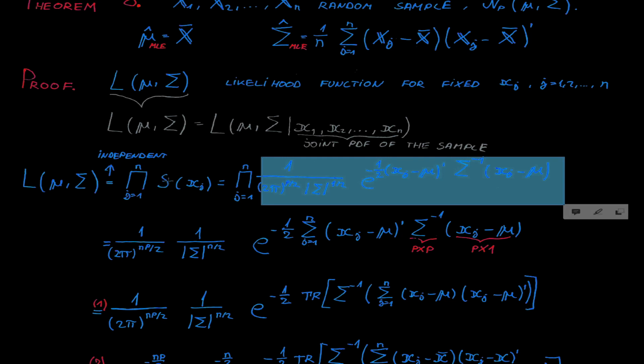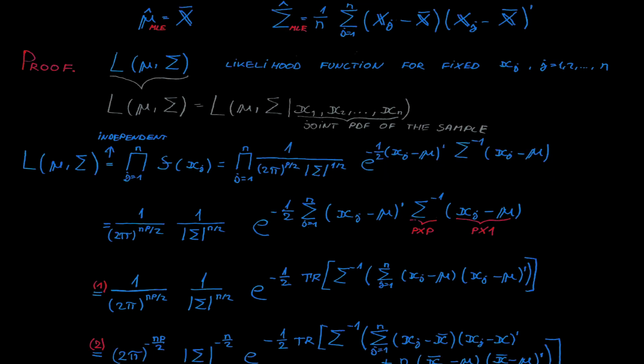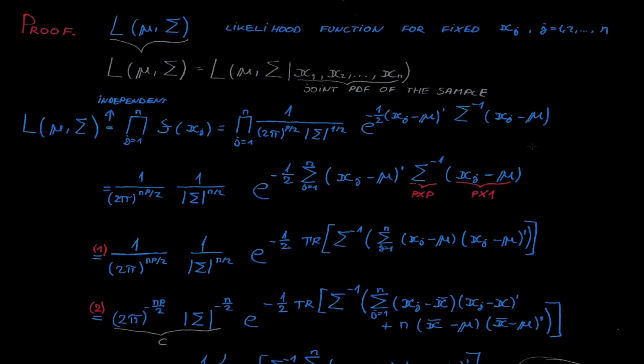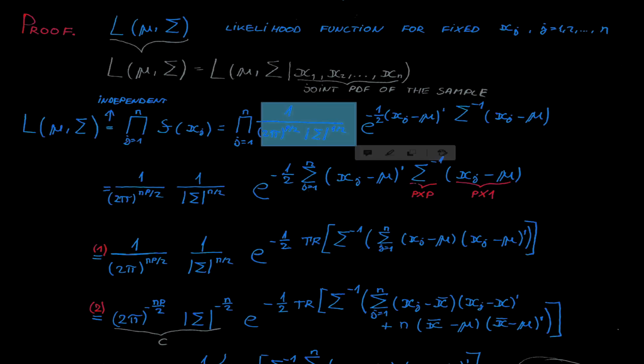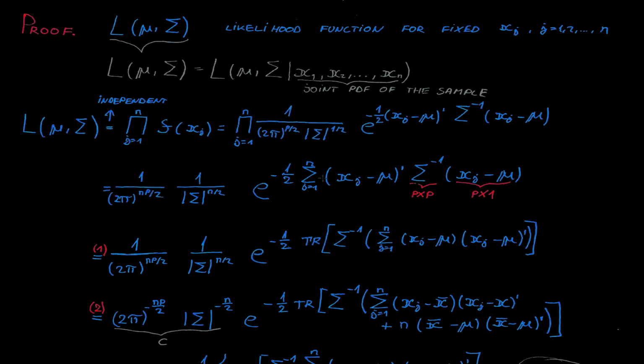So we just substitute. Next, we need to use the properties of multiplication or a product, and what we get here is a sum because of the exponential function, and here we just have n because we multiplied it n times.